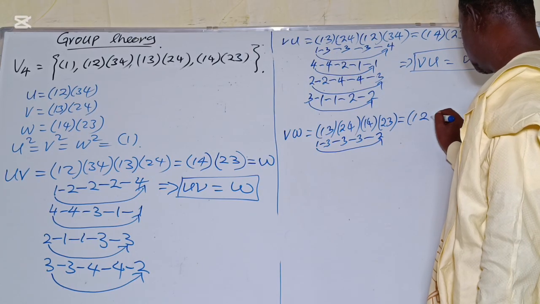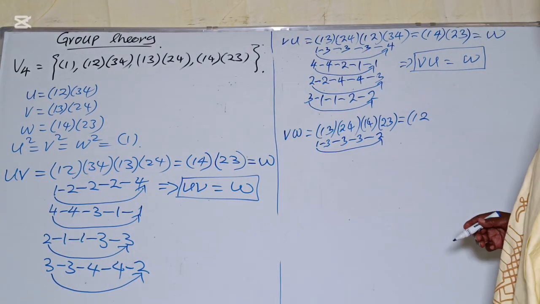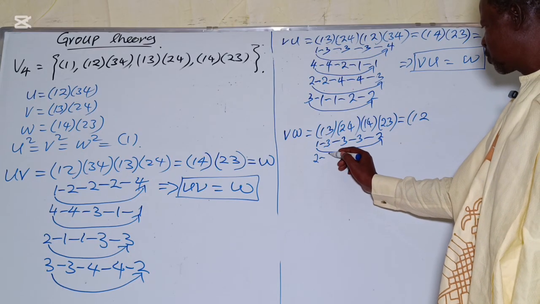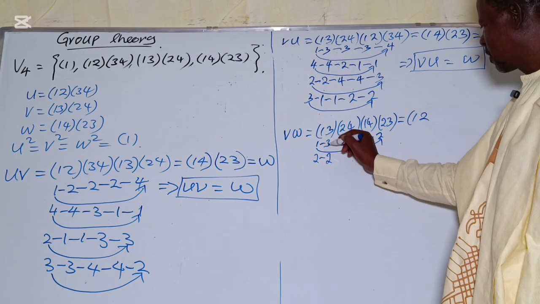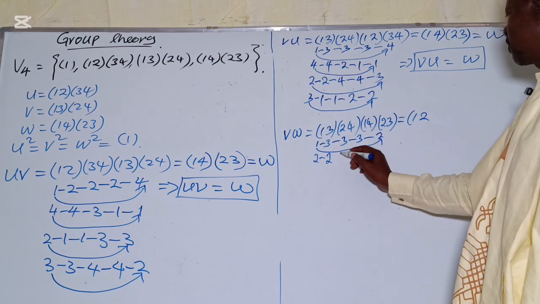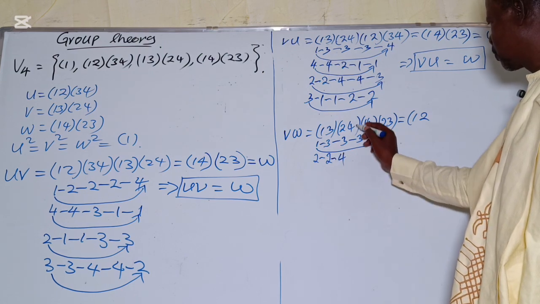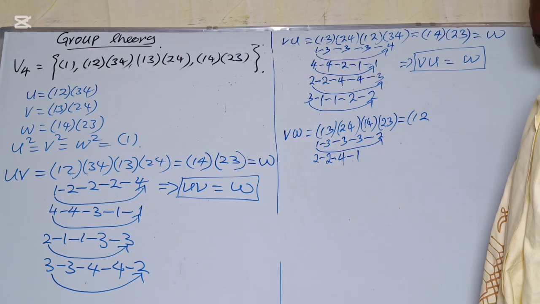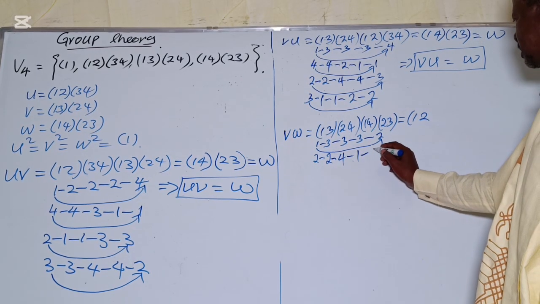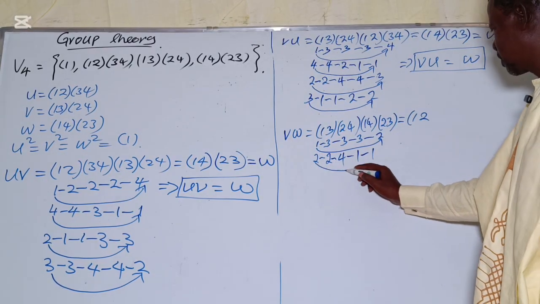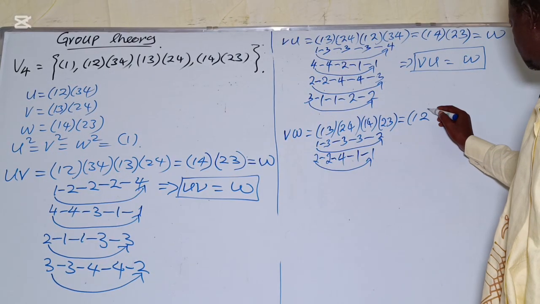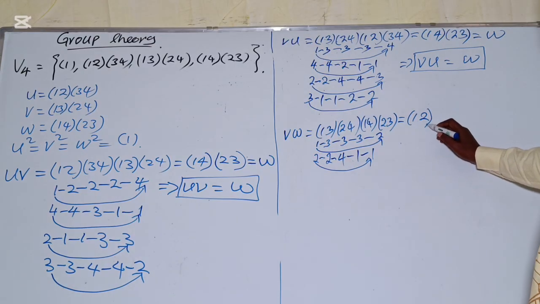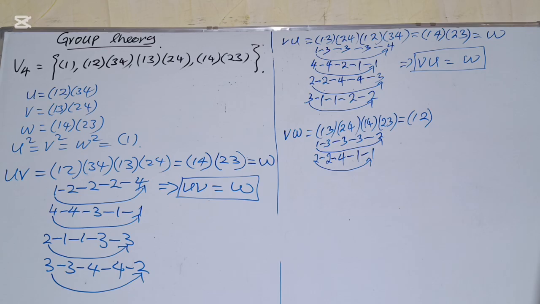So I'll have (1 2). Now I will pick 2. 2 is mapped onto itself in the first cycle because it's fixed, but 2 is mapped onto 4 in the second cycle. 4 is mapped onto 1 in the third cycle, and 1 is fixed in the fourth cycle. So 2 is mapped onto 1. I will close this, and I have a transposition: 1 is mapped onto 2, and 2 is mapped back onto 1.